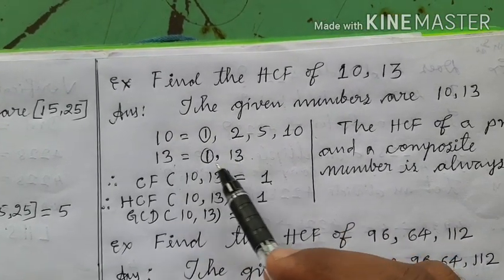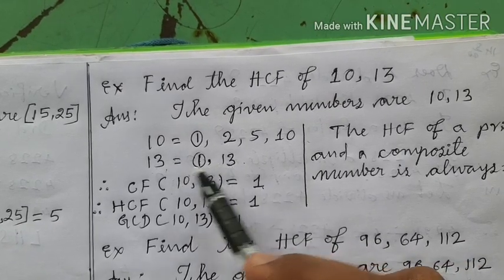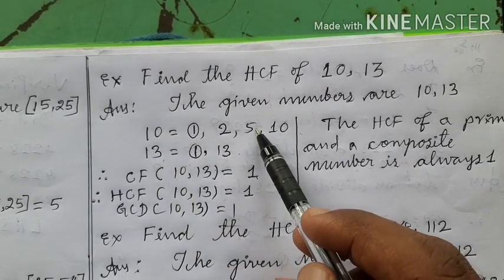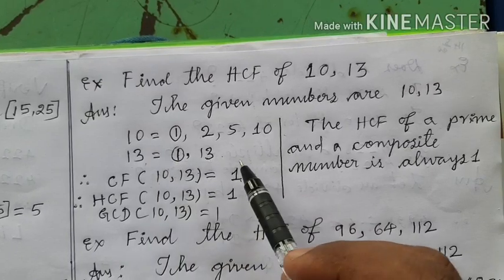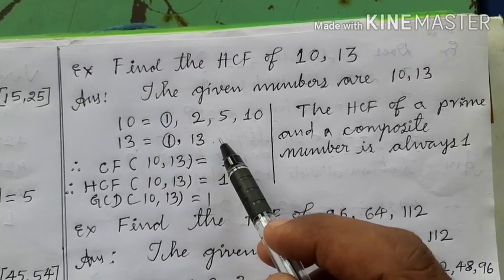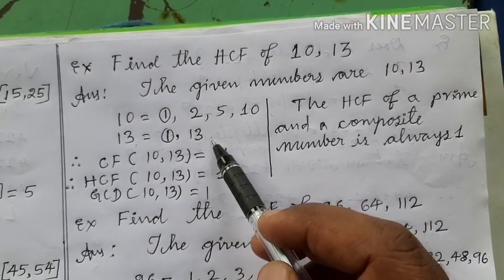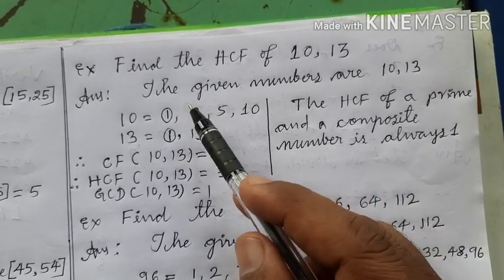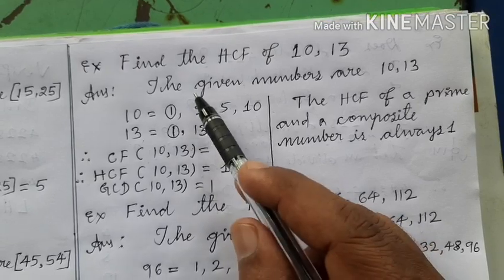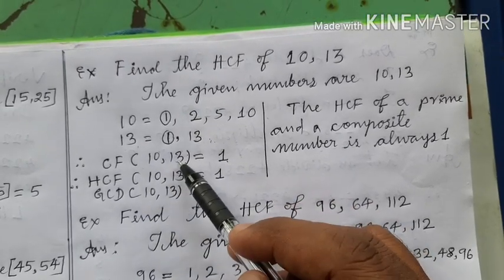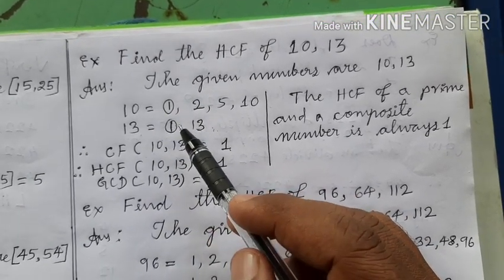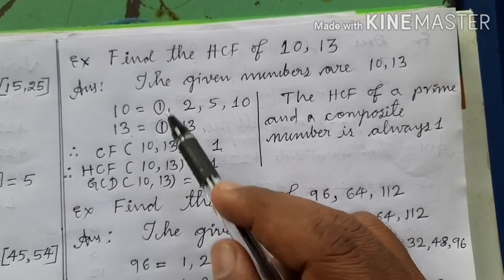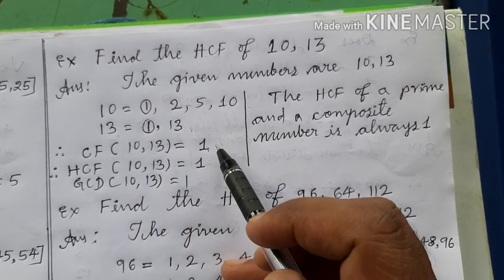But this 2 is not there in the list of factors of 13. 5 is a factor of 10 only. But in the list of factors of 13, there is no 5. That is, 5 is not a common factor. 5 is an uncommon factor. 10 is an uncommon factor. 2 is an uncommon factor. 13 is an uncommon factor of 10 and 13. But 1 is the only common factor that is common to both 10 and 13.